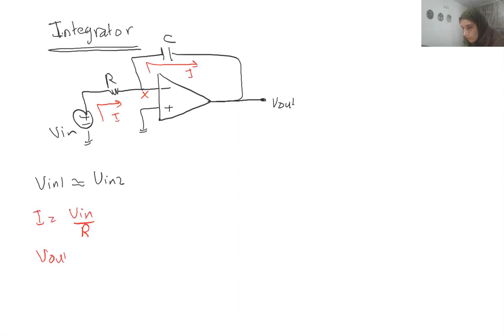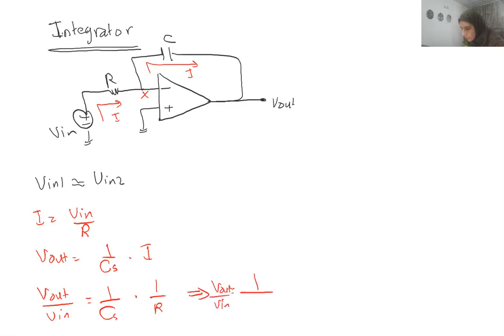Now Vout will equal 1 over Cs multiplied with this current I. So Vout over Vn will equal 1 over R times 1 over Cs. So the gain, Vout over Vn, will equal 1 over RCs.